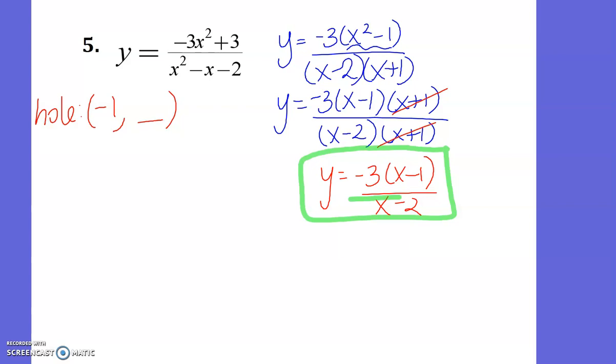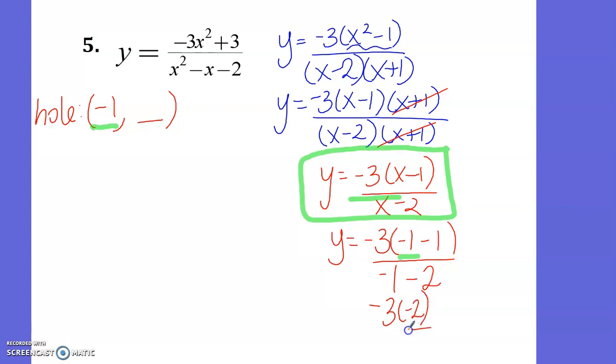Okay, so to find the y value for the hole, I plug in that -1 that we got right here in for x. So -3 times -2 over -3, that gives me my y coordinate, I get -2.